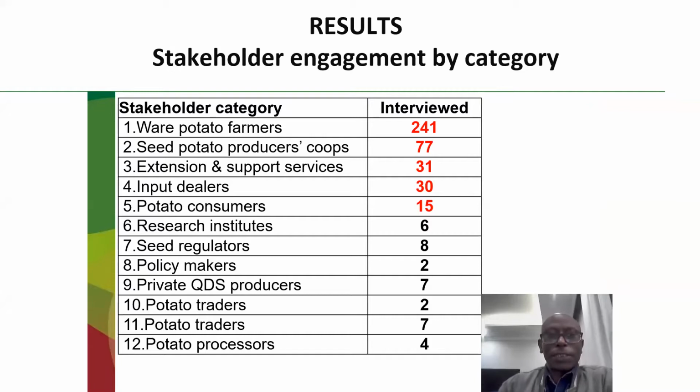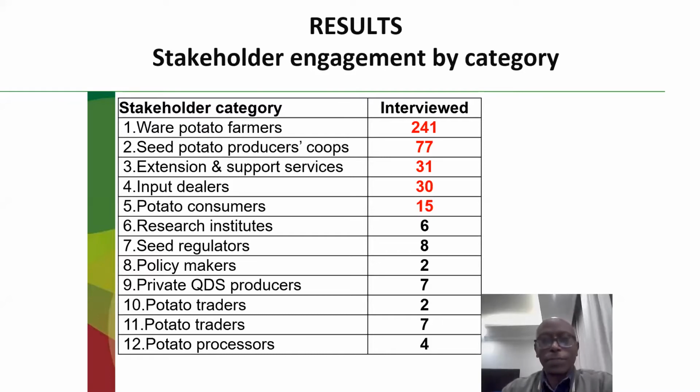We interacted with at least 12 stakeholder categories. However, the highest proportion of the representative stakeholders were farmers, seed producers, and people from extension and support services. As we go up the administrative ladder, we started meeting the key informants from those stakeholder categories.